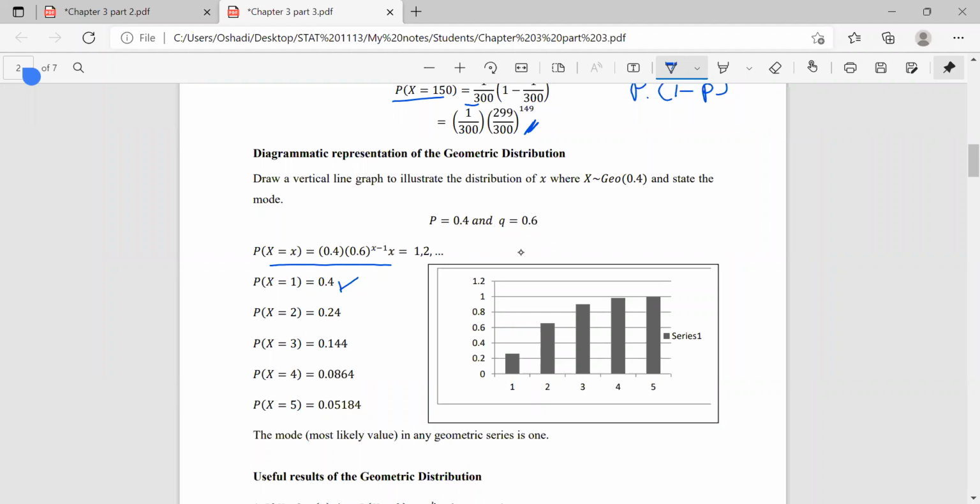So the probability that the second trial is the first success is the probability of X equals 2.